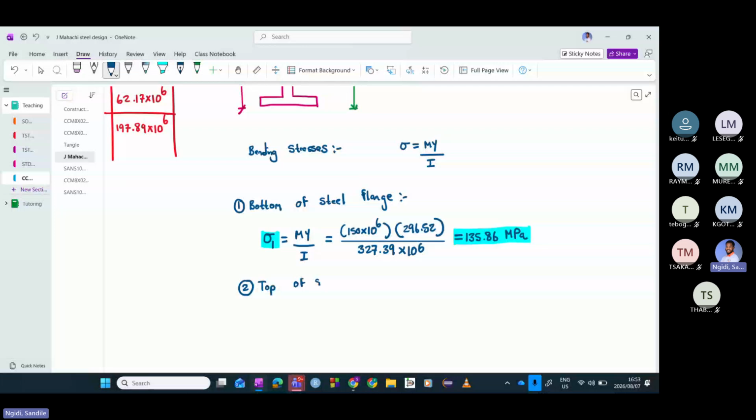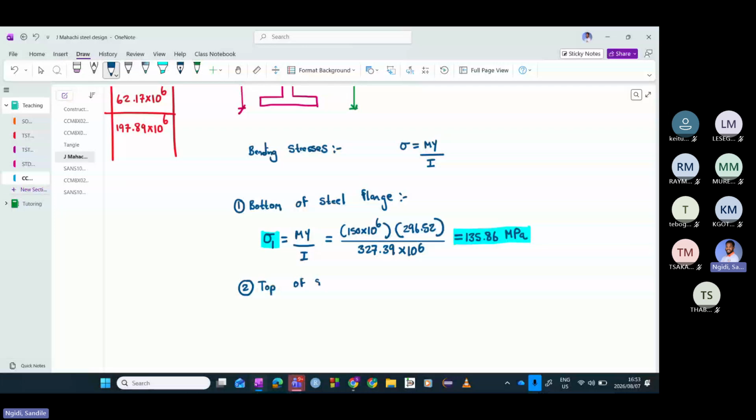Again, you can use the same equation, My over I, when we are looking at the top of the steel flange. The bending moment is going to remain the same, so we're still going to have 150 times 10 to the power of 6. And I is also going to remain the same, which is 327.39 times 10 to the power of 6.